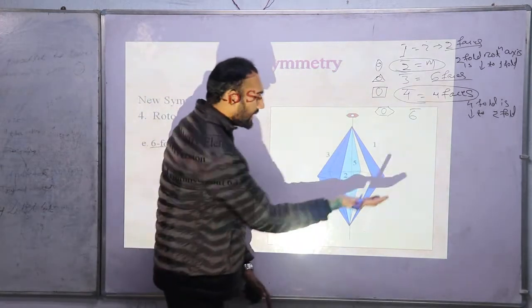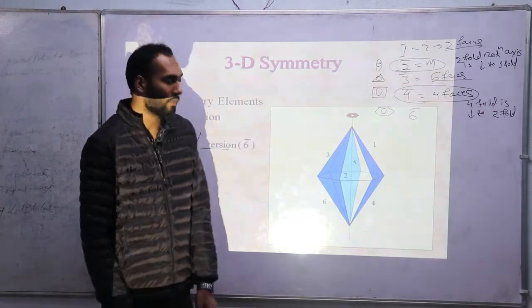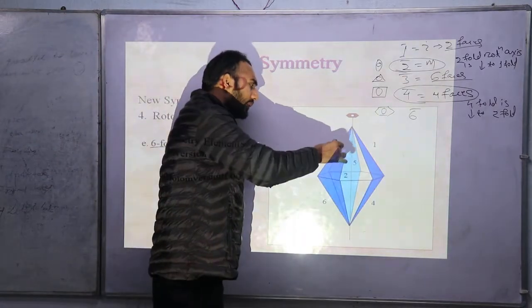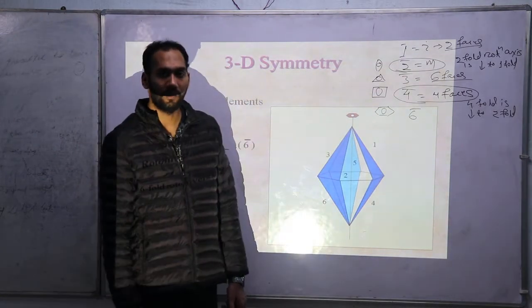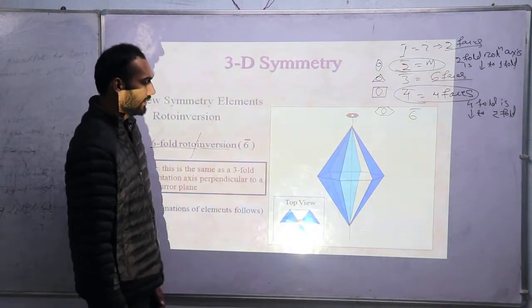That means I can pass a horizontal mirror plane here, so that the upper hemisphere faces are reflected back to the lower hemisphere, right?